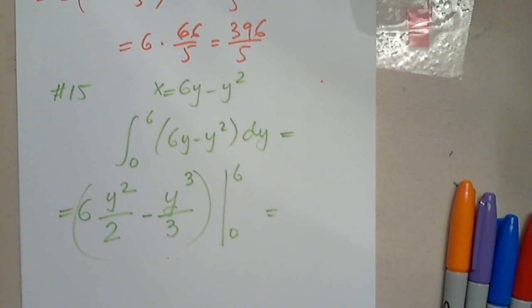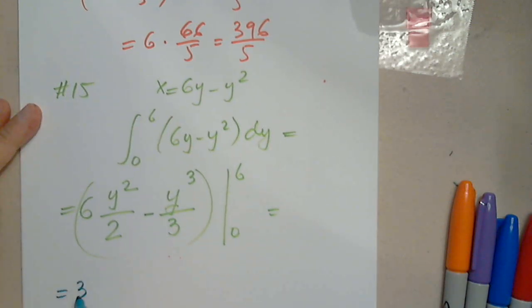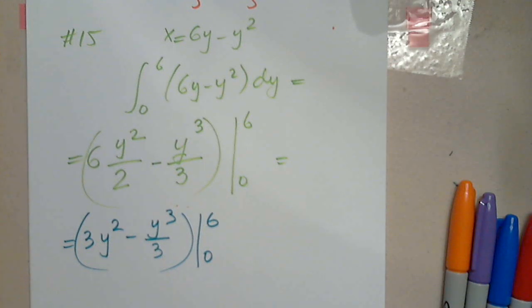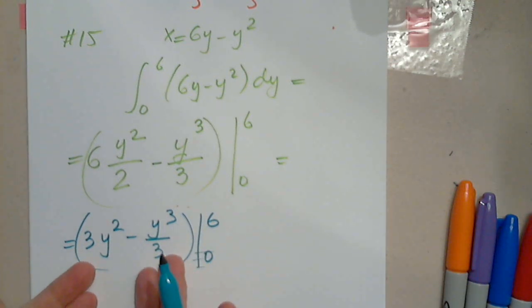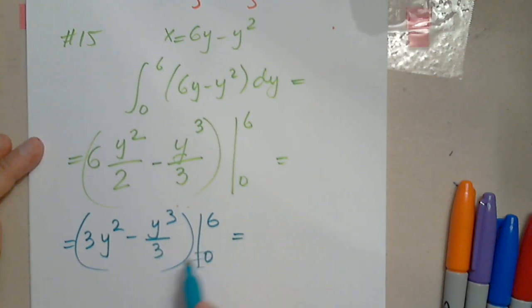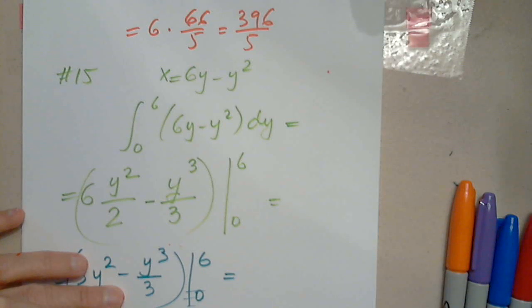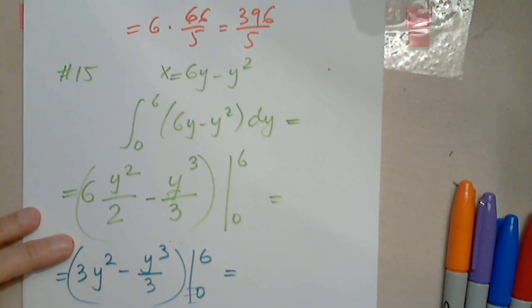Let's simplify a little bit before we plug in. So this will be 3y squared minus y cubed divided by 3 from 0 to 6. Luckily, I don't have to plug in 0 because both will be 0. I only need to plug in 6. So it's 3 times 6 squared, which is 36, minus 6 to the third divided by 3.